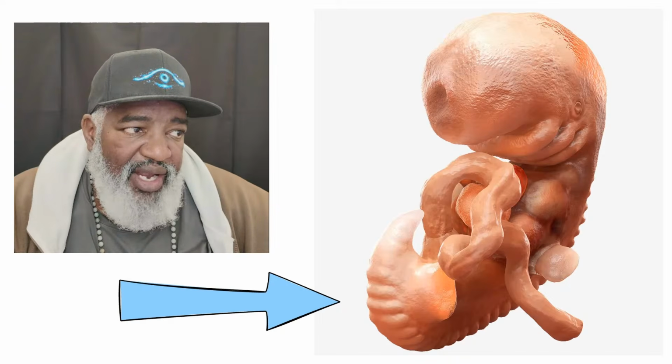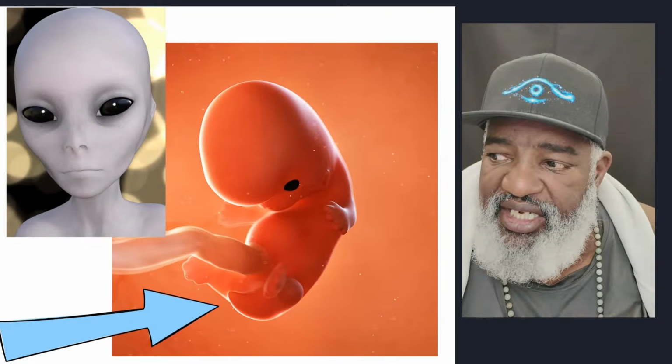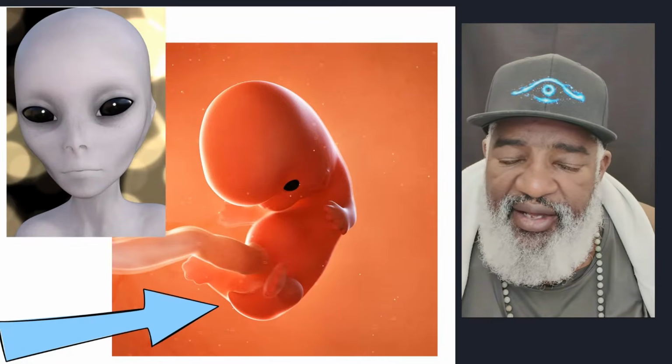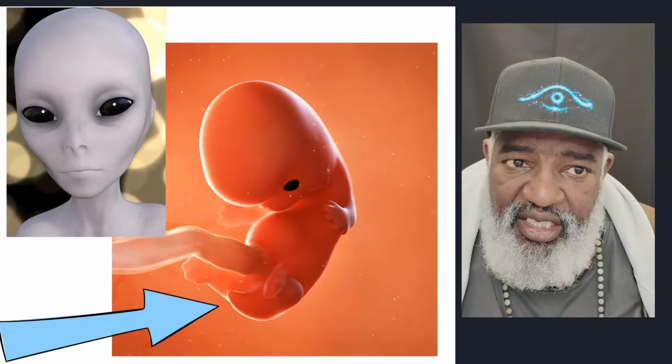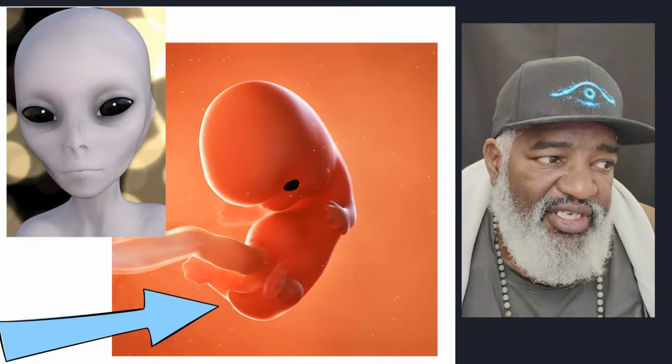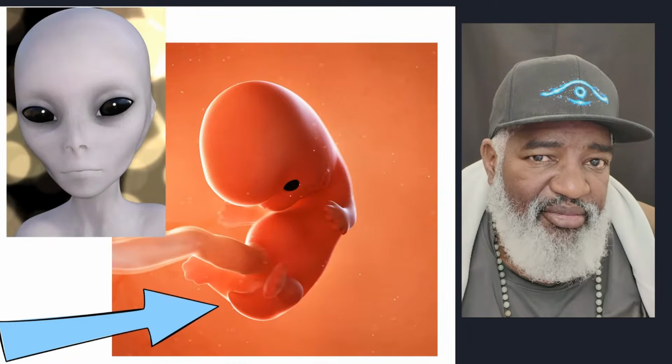Then it turned around and found its way to begin to change into the gray alien, because we're mixed with the Zetas. And then ultimately we have these beautiful babies that you and I, all of us, look like at this point. But again, scientists say we have a reptilian brain.